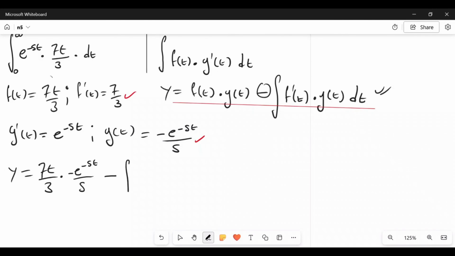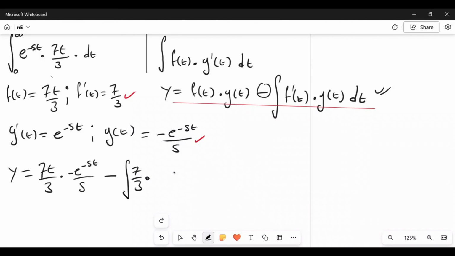And then we have the integral. Now, after the integral, what do we have there? We have f of t prime, which is this one there. Let's write it: it's 7 over 3. Multiply by g of t on our formula, which is this one as well.